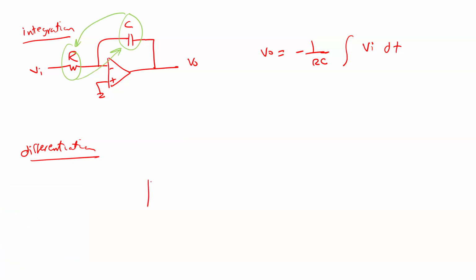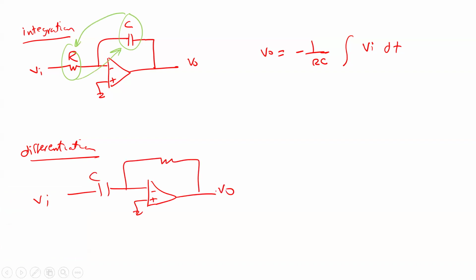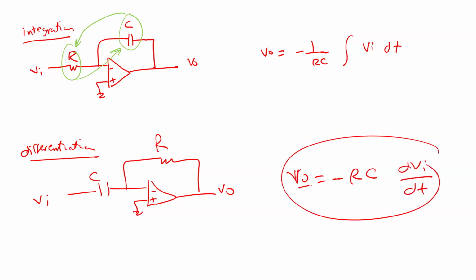That's why this is the circuit. And we found that the output equals -R, this is R, C, dV_i by dt. So the output is actually a function of the differentiation of the input.